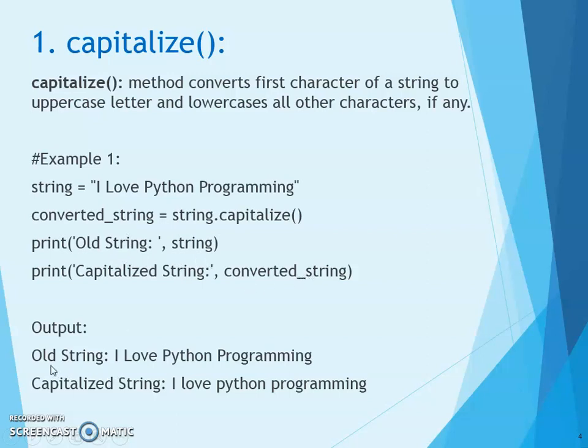The output will be: the old string is the same, that is I love Python programming, and each of the first characters of these words is in capital format, while in converted string only the first character is in uppercase, otherwise all the other characters are in lowercase.